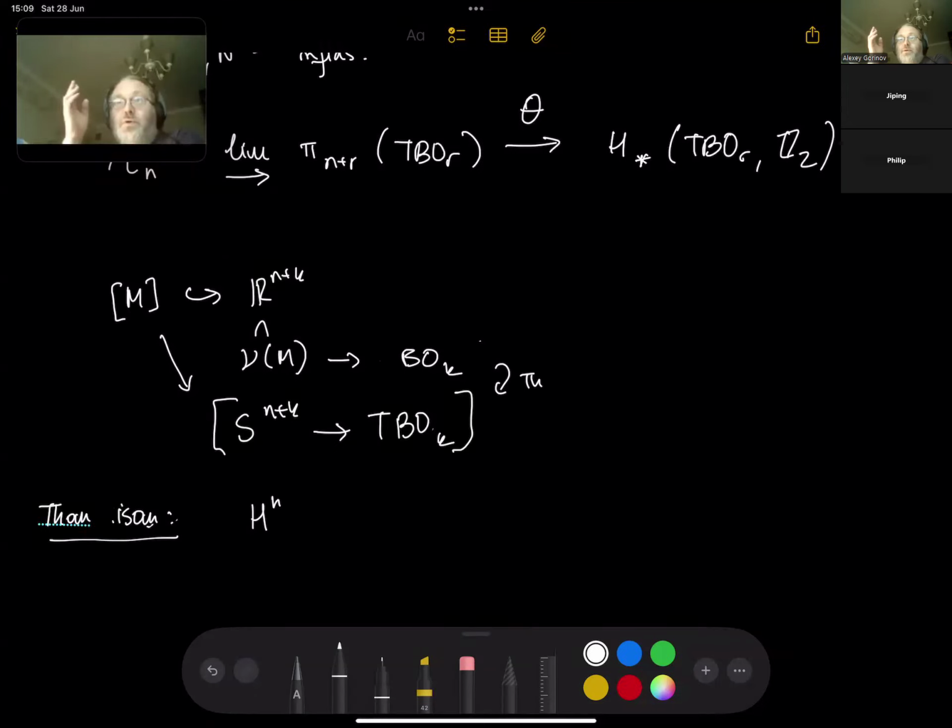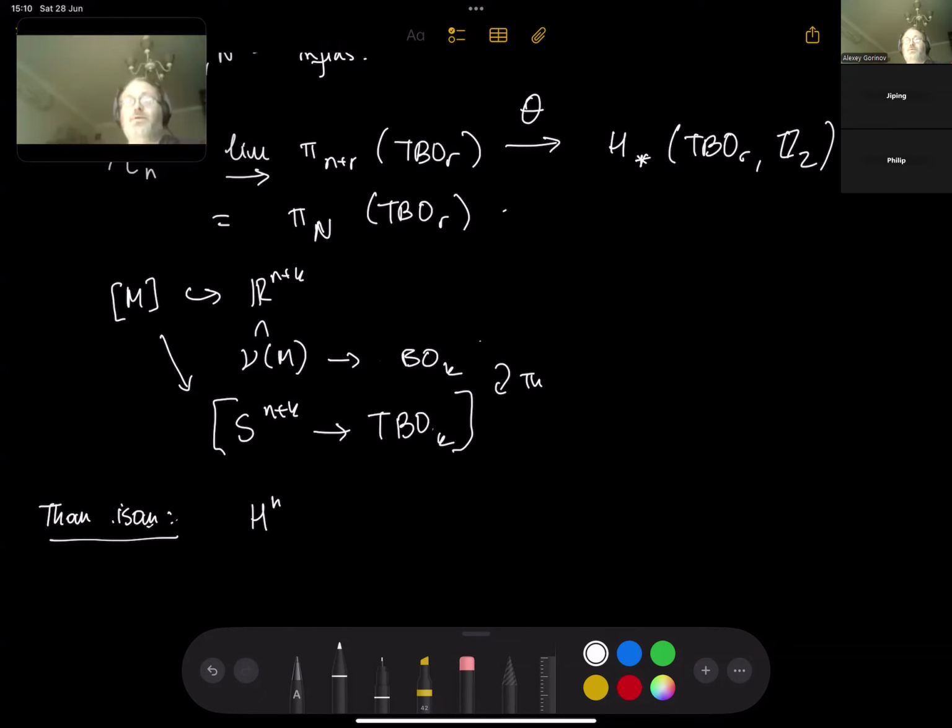So we don't need to worry about passing to the limit afterwards. You're saying you can replace this by just some very large n.